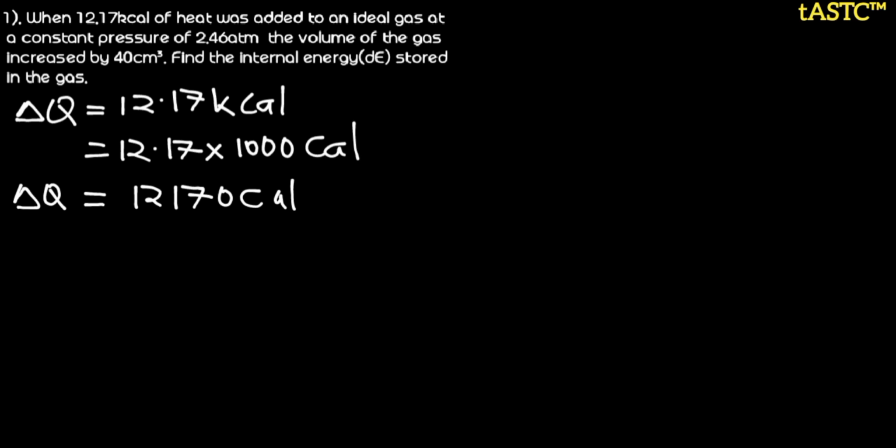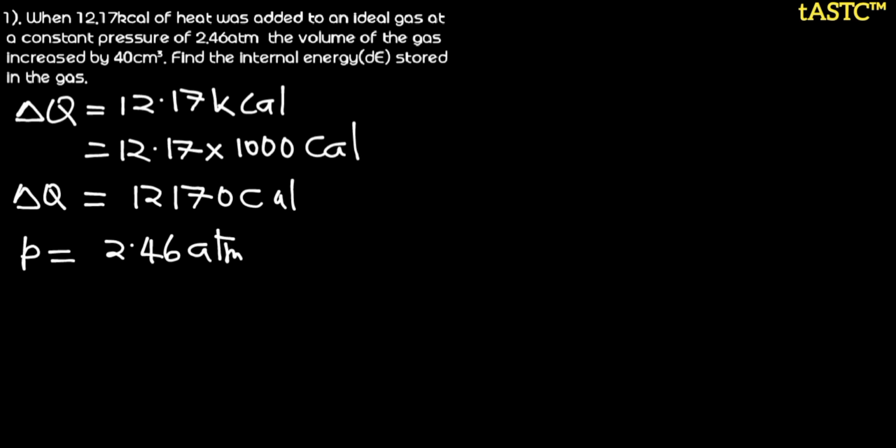Next up, we have that the pressure is actually constant. So the pressure is equal to 2.46 atm. Next up, we have the volume of the gas. And the volume of the gas here is not actually given as the first volume and the second volume.